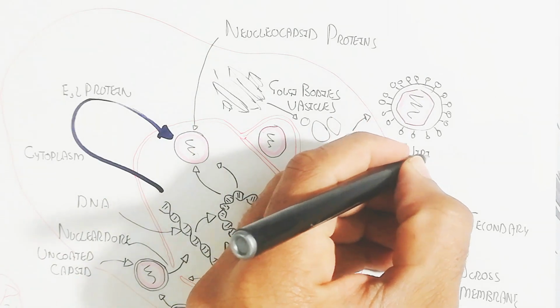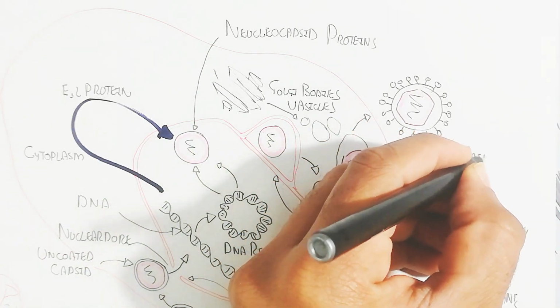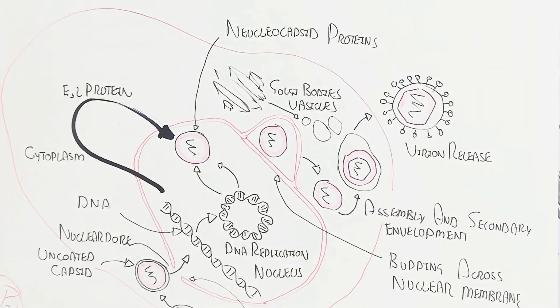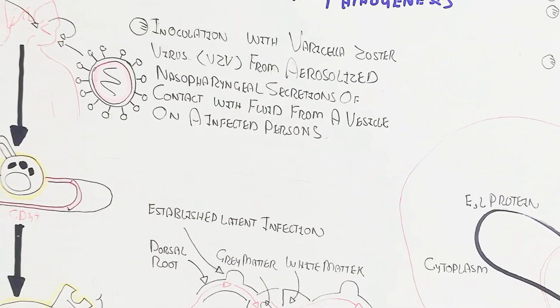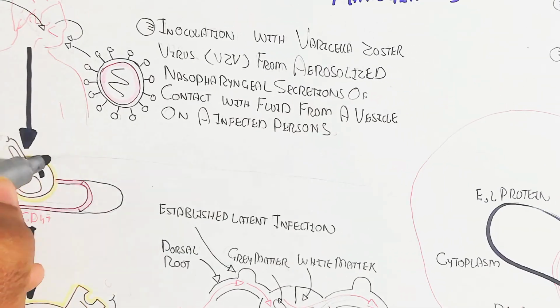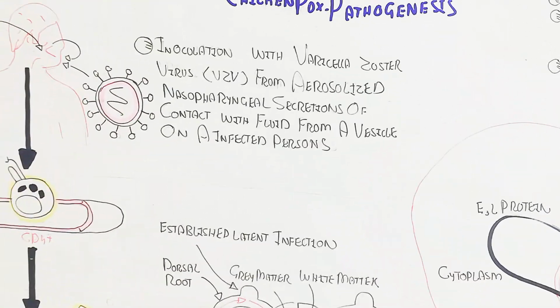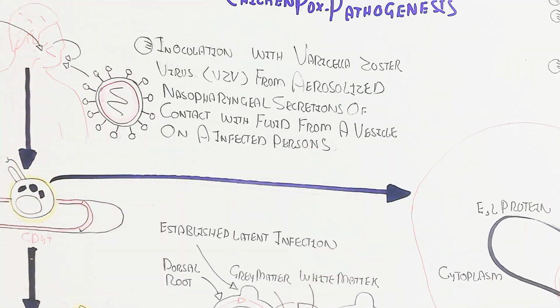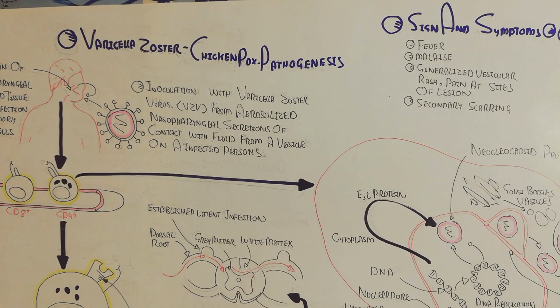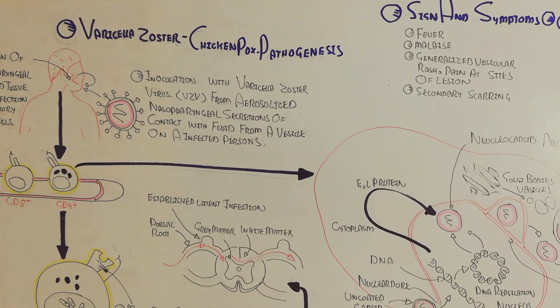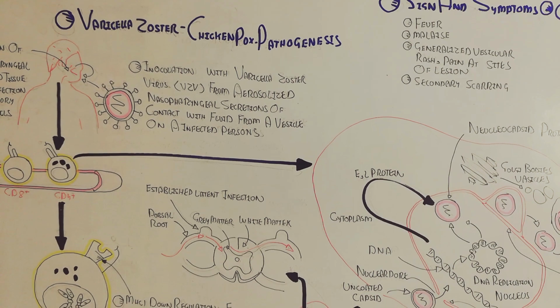In this, the multiplication of the virus will increase. So the vaccine is important for prevention. And remember that this is the varicella zoster chickenpox virus, also the CD4 infection by this mechanism. So I hope you make sense of that.